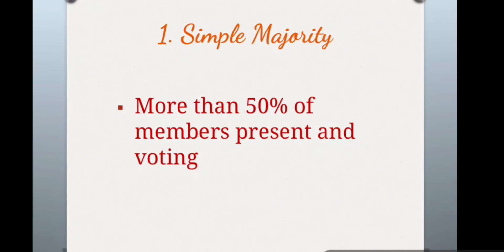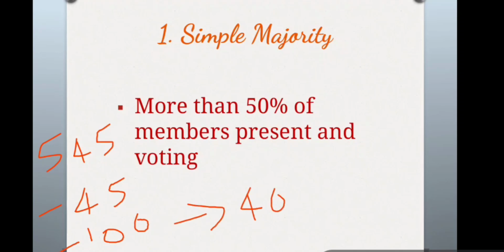We know simple majority means more than 50% of members present and voting. For example, in the Lok Sabha, out of the total strength of 545, suppose 45 were absent and 100 abstained from voting. This means only 400 members were present and voting. Right?